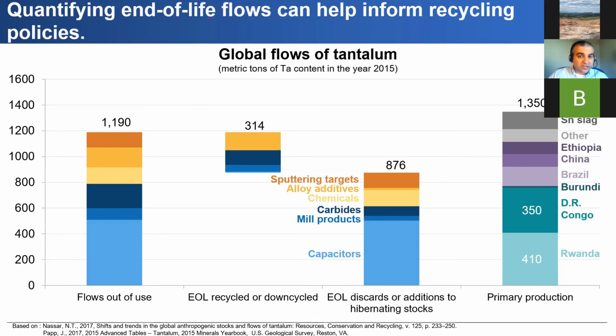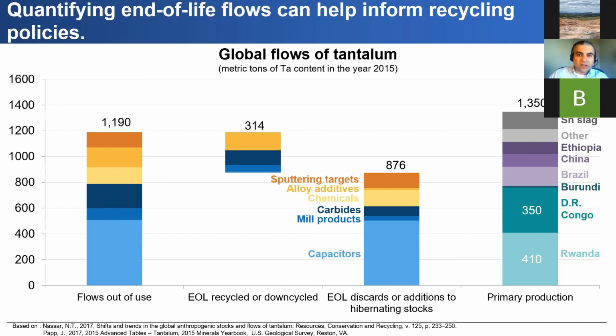that could be recycled. If you compare that to primary production for year 2015, if you recycle this quantity, that's more than the combined production of both the DRC and Rwanda. So you can completely shift away from that if you were to be able to recycle all this quantity.